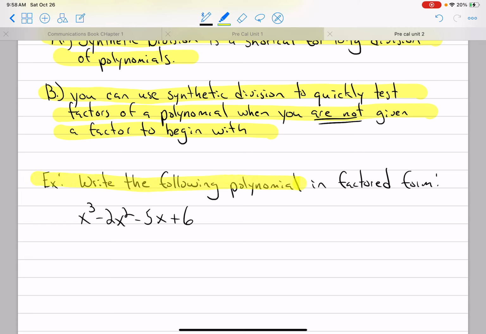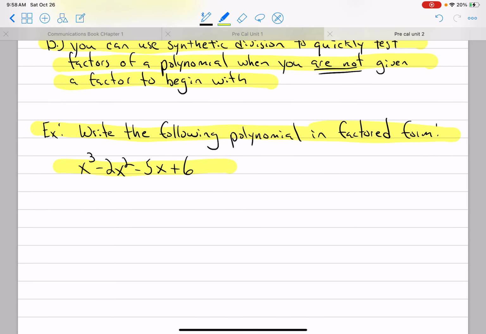If they say write the following polynomial in factored form, and they give you x cubed minus 2x squared minus 5x plus 6. Typically right now, they'd say, oh yeah, x plus 3 is a factor, or x minus 16 is a factor, or whatever. But they're not telling us any of that.